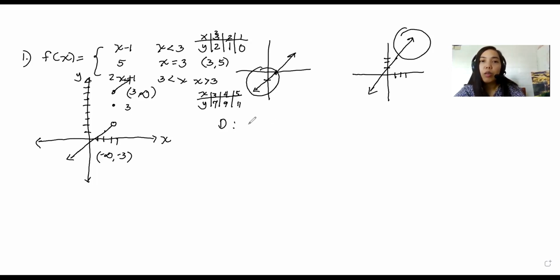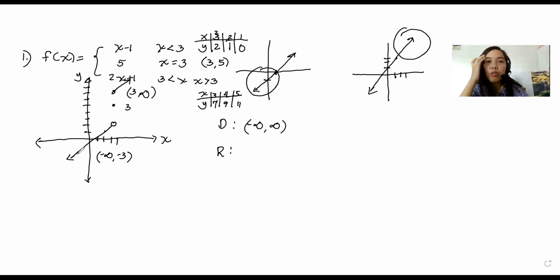So the domain is negative infinity to positive infinity. How about the range? For the range, class, we're going to check now the y values.